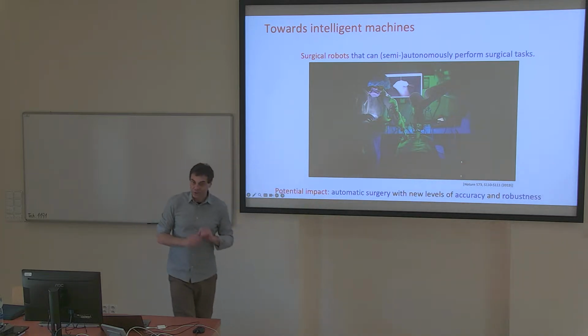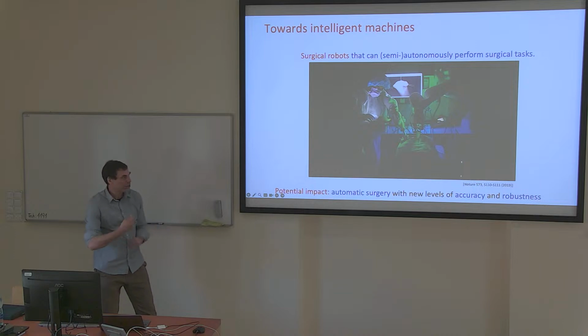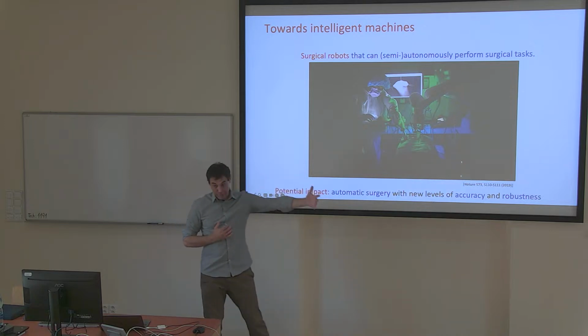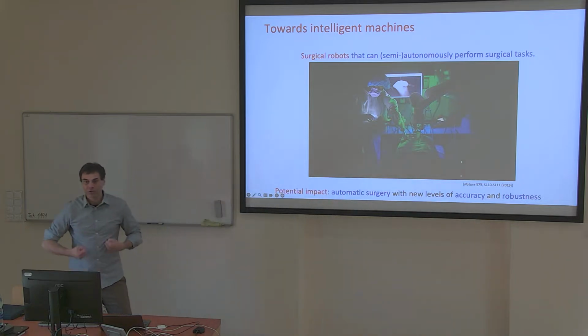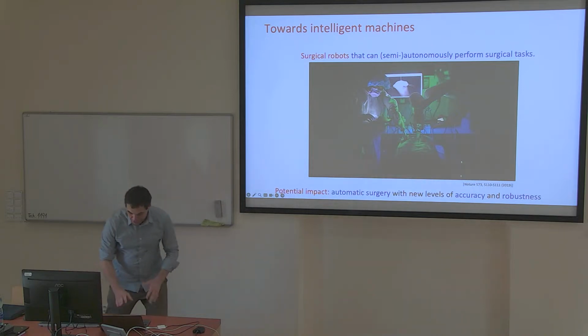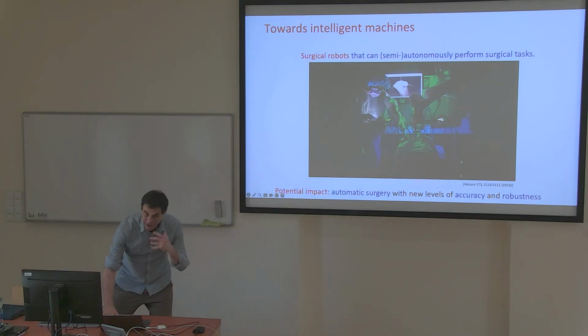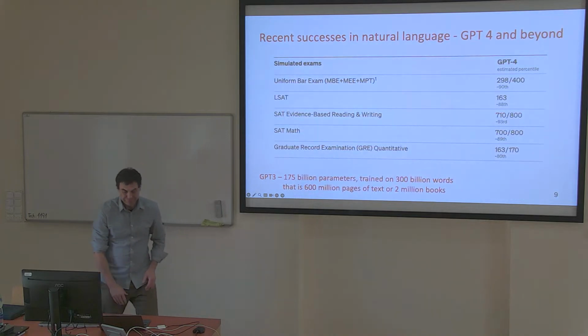We don't have that in the interaction with the patients in the surgical domain yet, but I think there is potentially a path towards that if we do master these techniques and we have robots which can actually learn from these interactions on a large scale. So these are just some examples of why this is potentially interesting.